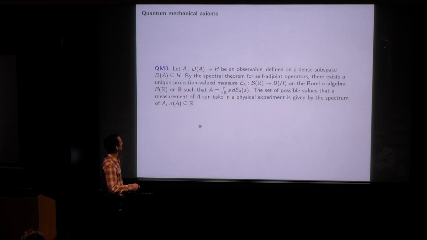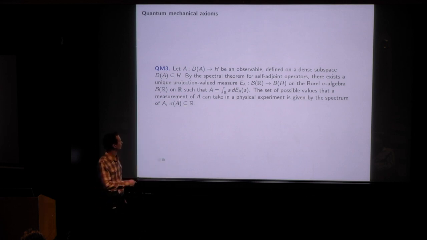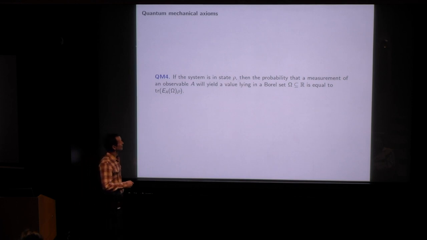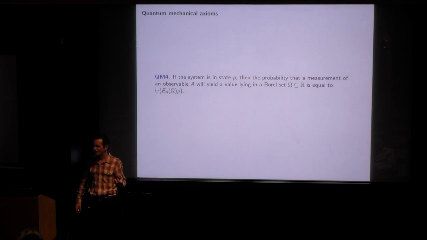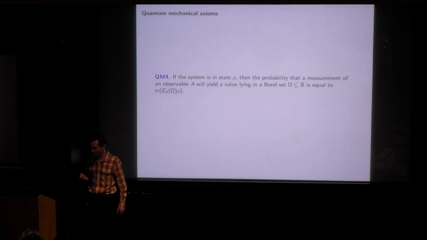Basically, the statement here is that all possible results of a physical measurement are necessarily elements of the spectrum of that operator, which is a subset of the real numbers, because it's a self-adjoint operator. And there is a specific formula that gives you the probabilities for physical experiments to yield particular outcomes when you're dealing with a particular observable and when your quantum mechanical system is in a specific state.